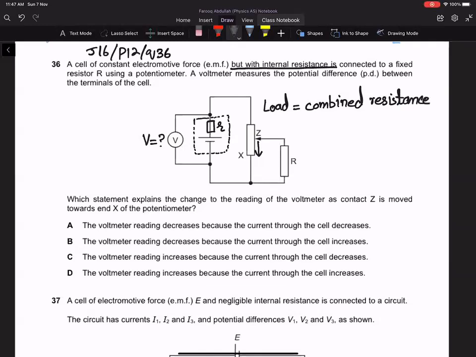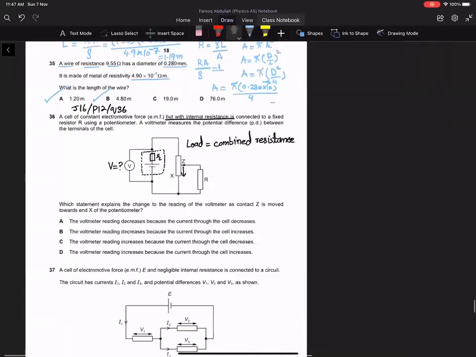So to understand this, we have to focus on this thing that if we have a resistor connected here, say this is terminal Z and this is terminal X, and when Z is moved towards X and it is at the extreme position, say exactly at X, then what would be the situation?